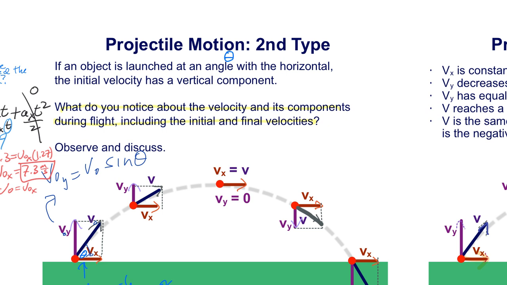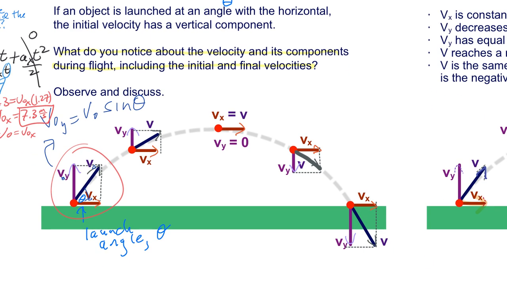Okay, the next section we do, the final section, is projectiles launched at some angle, some launch angle, like we have in the far left over here. Notice what's different from this and the horizontal launch ones.